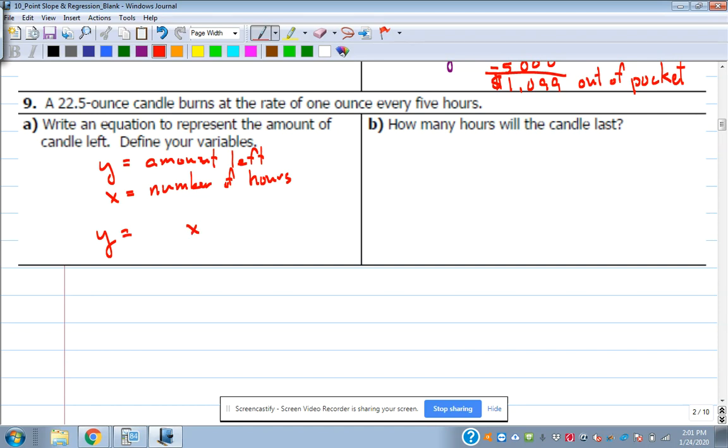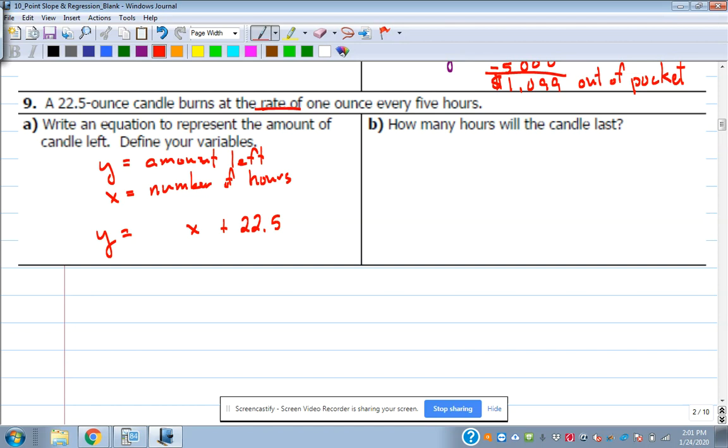Now here's the tricky part of this one. What was the original amount of candle? So our starting spot is a brand new candle at 22.5 ounces. Okay. Now, what does this word rate make you think of?